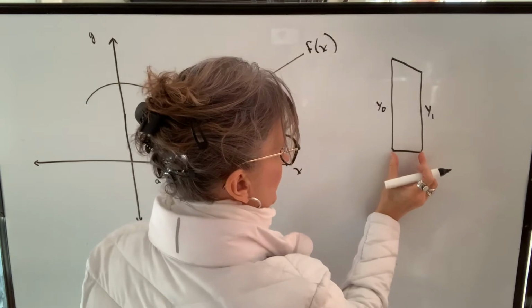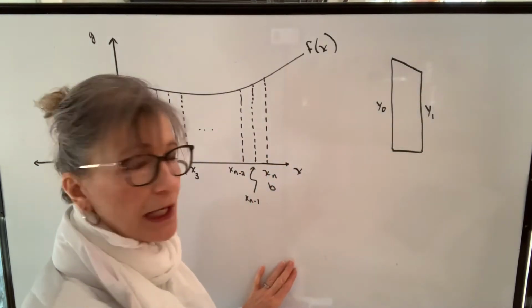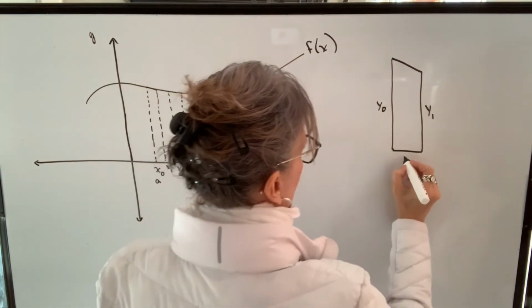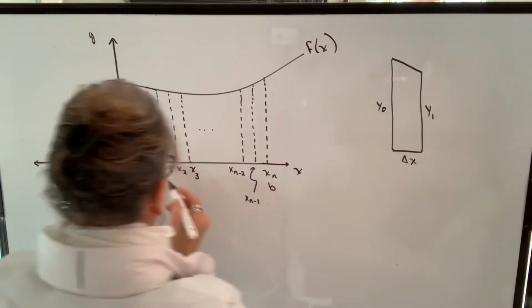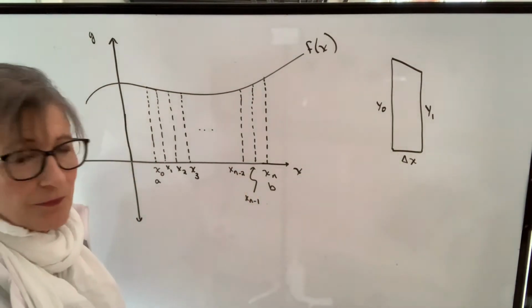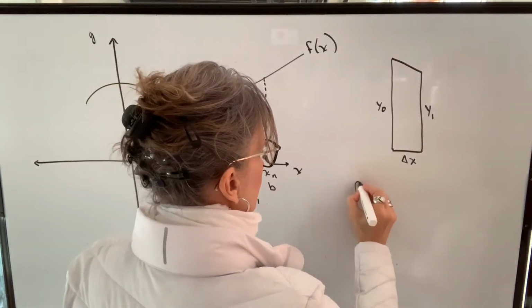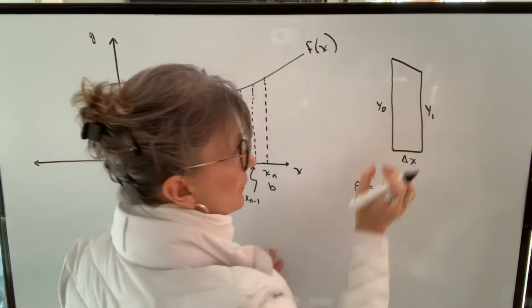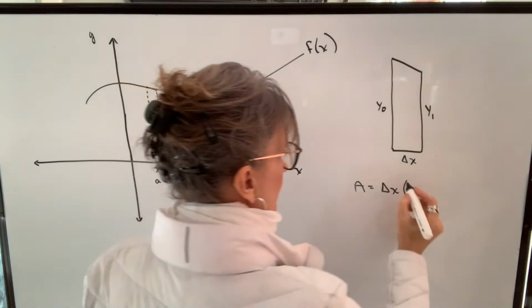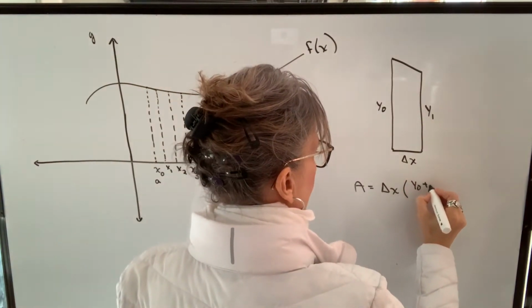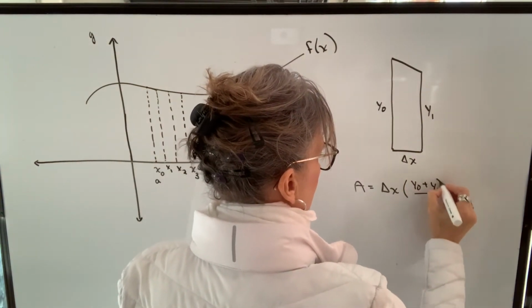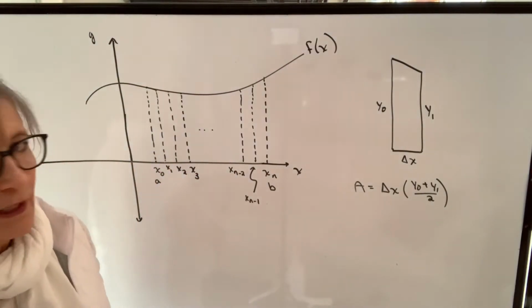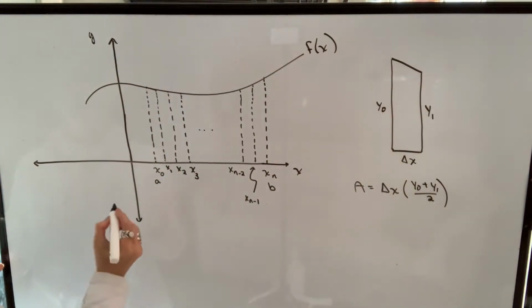And this perpendicular distance between the two parallel lines will be the change in x from this point to this point. The area of a trapezoid is delta x times the average of the two parallel sides. So the average of the two is found by adding them and dividing by 2. So that would be the area of the first trapezoid.